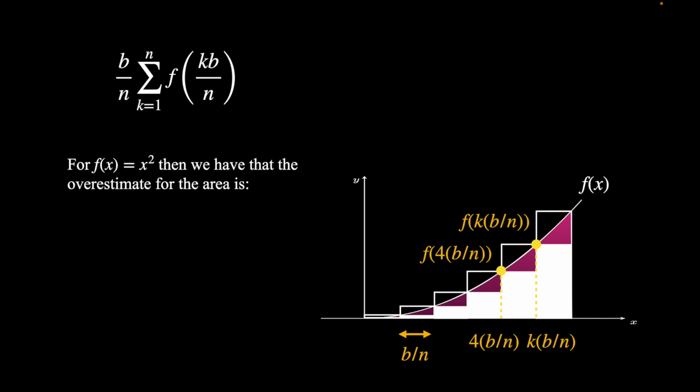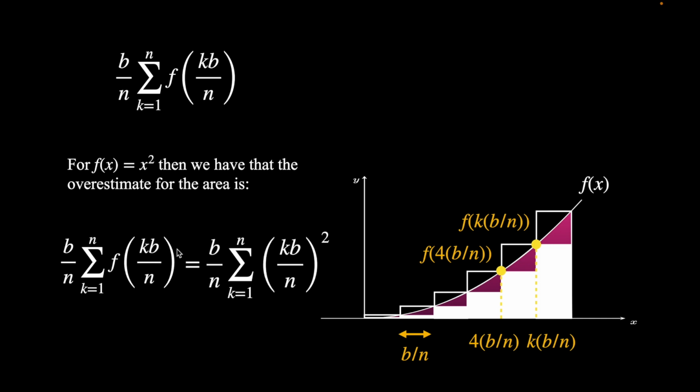So for f of x equal to x squared, we have that the overestimate of the area is this sum, this expression we've just found. But let's have a look at what happens to f of k times b over n. Well, if f of x is x squared, we square that input. So we're going to have b over n, the width of the intervals, multiplied by the heights squared. Or those x-coordinates squared, sorry.